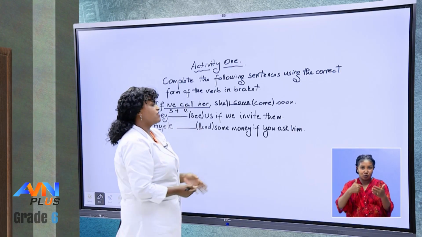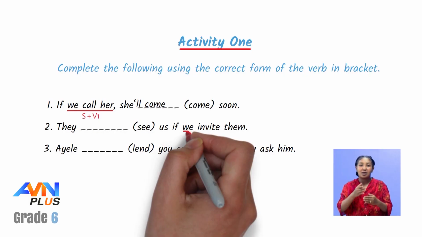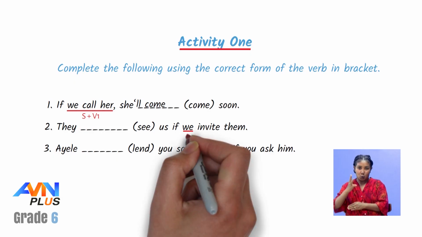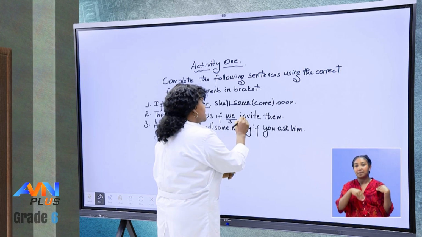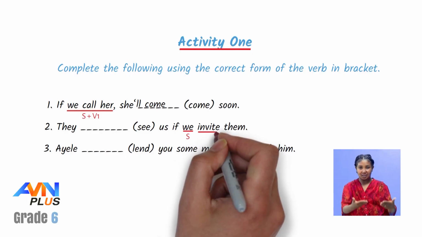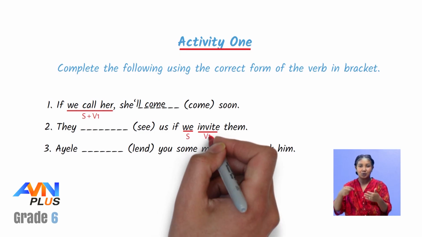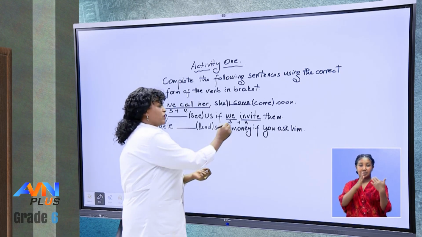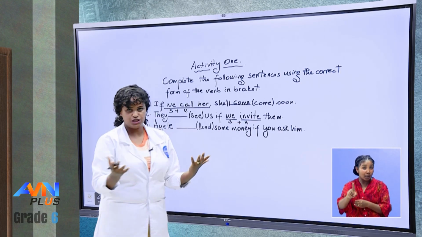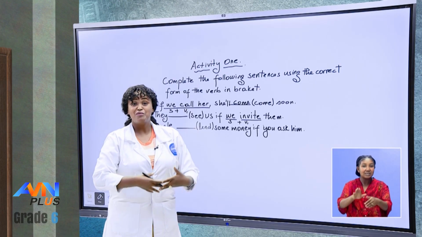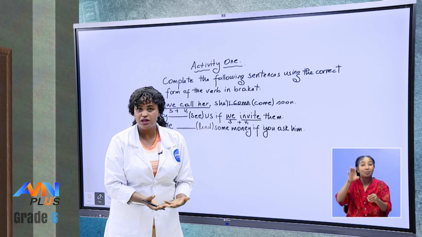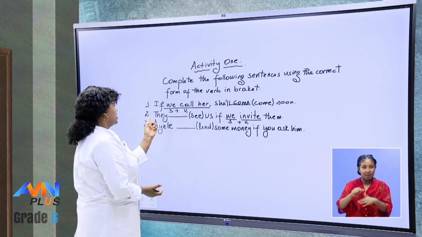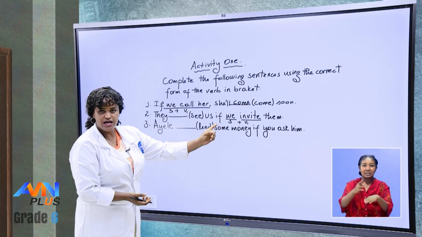So let's see the if clause again. After if, we have we, which is our subject. And then invite is verb 1. So if the if clause is subject plus verb 1, which means simple present, then the main clause becomes what? Simple future. So they blank see us.